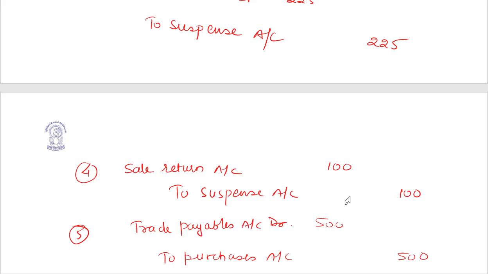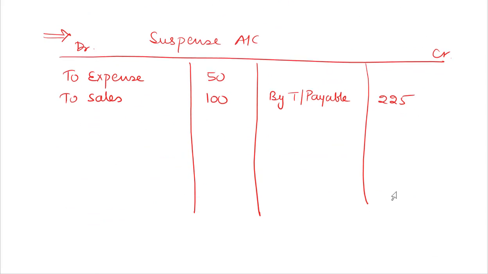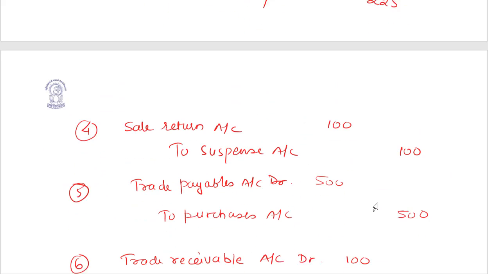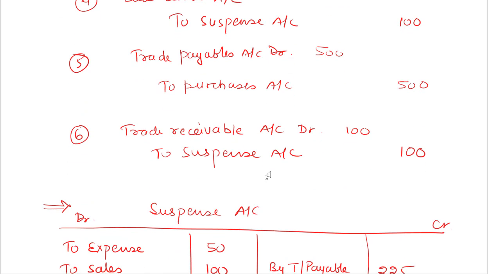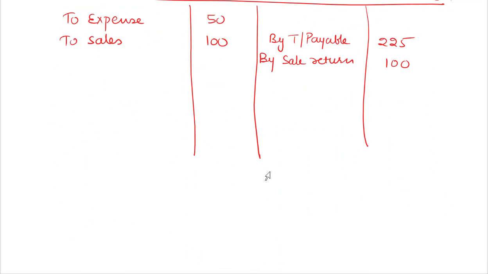Point number 4, suspense is credited, so sales return is debited by 100. Trade payable to purchases, nothing will come. And over here needs to be credited 100. That is, by trade receivable 100.